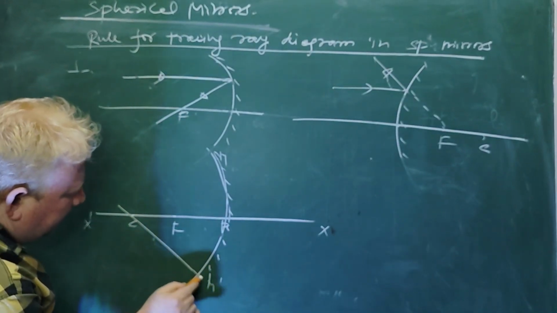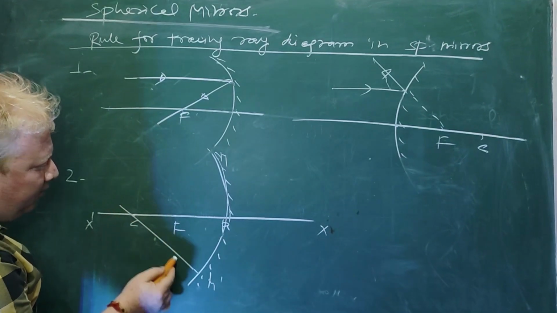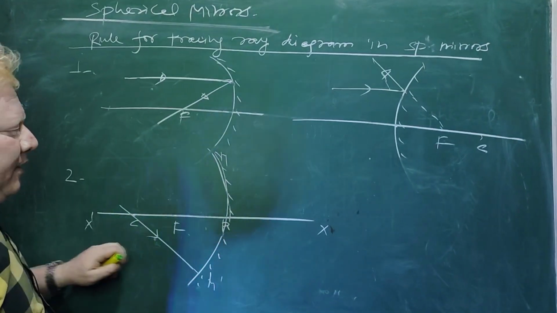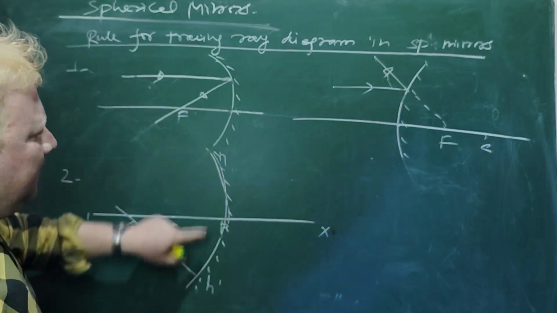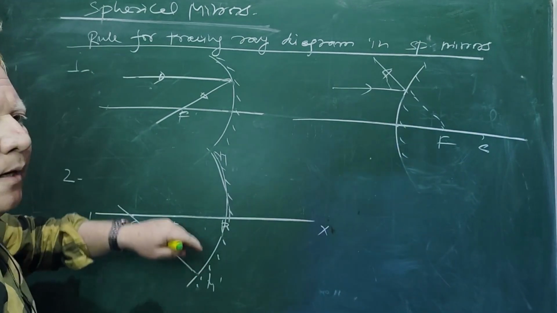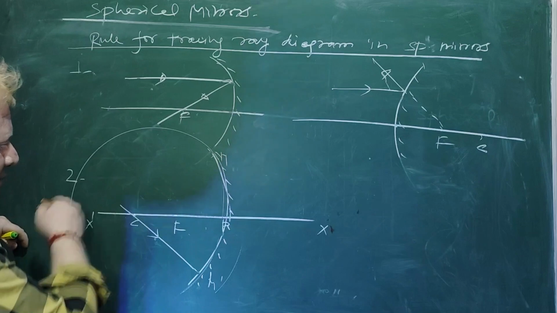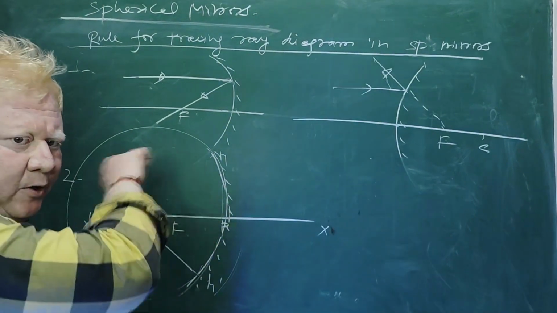Suppose this is how one ray is coming, passing through the center of curvature, and this is the incident ray. We have already discussed that the concave mirror is nothing but a part of a hollow sphere, and this is the center of that hollow sphere.